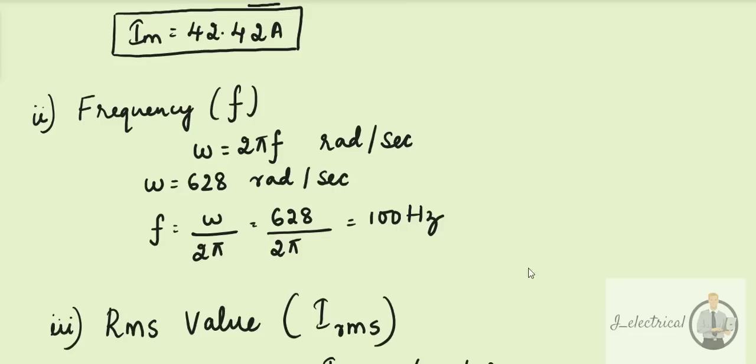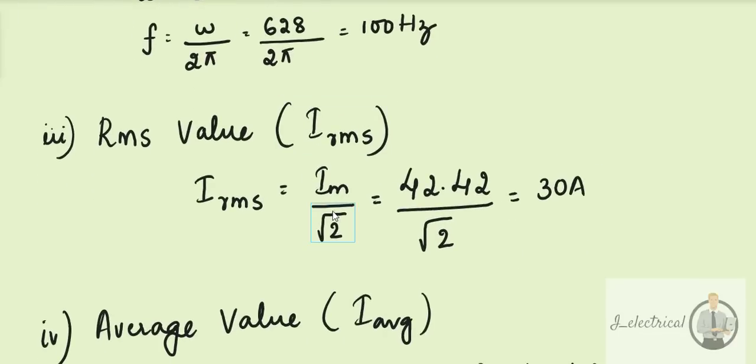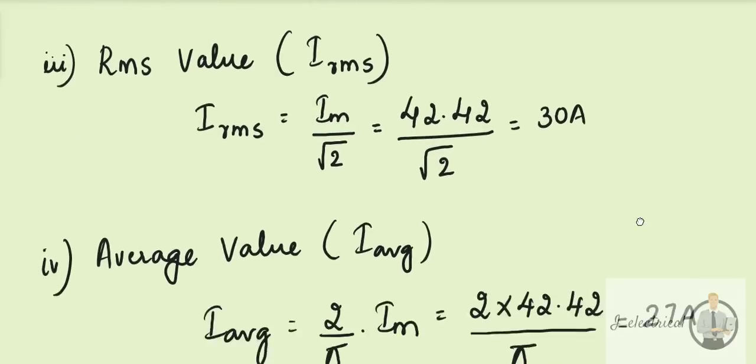Therefore, frequency is equal to omega by 2 pi, because omega is equal to 2 pi f, as I have shown here. So f is 628 by 2 pi, which is equal to 100 hertz.